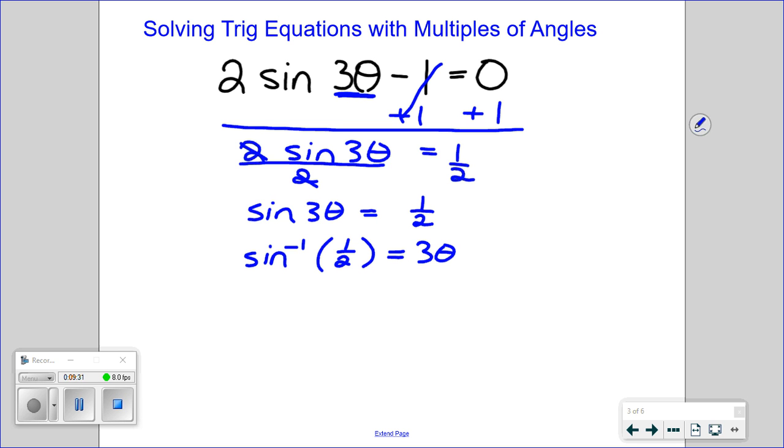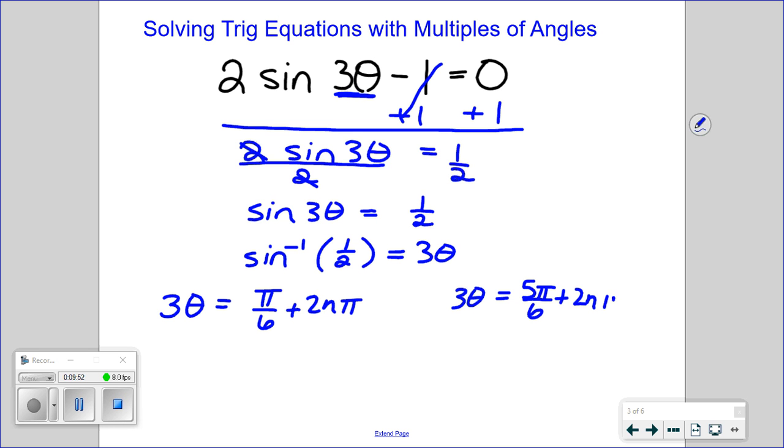Where is sine equal to 1/2? Well, sine is going to equal 1/2 at pi over 6, but also at 5 pi over 6. And again, that would come from taking pi and subtracting pi over 6.